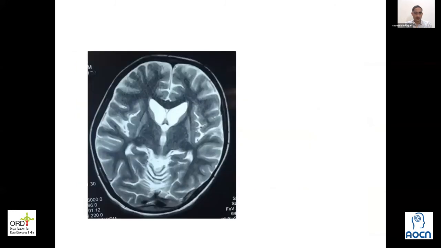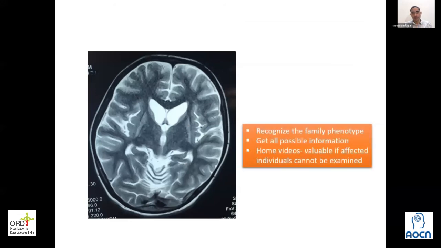And the imaging showed the characteristic atrophy of the caudate and the putamen, thus establishing the diagnosis of Huntington's chorea, which we confirmed after genetic testing. So the important clinical point is that we need to recognize the family phenotype, get all possible information about the patient, and review home videos, which are very valuable for individuals who cannot be examined.